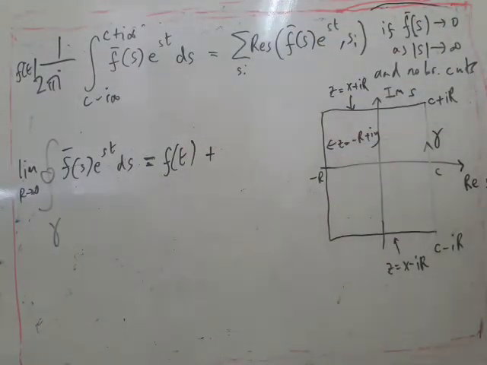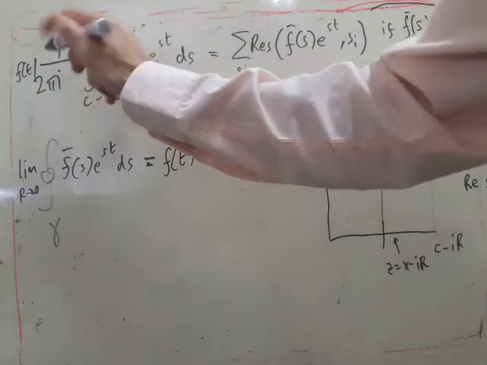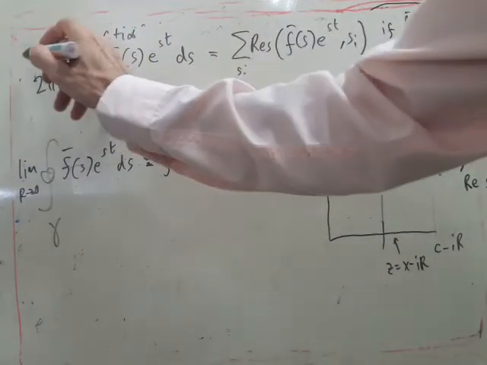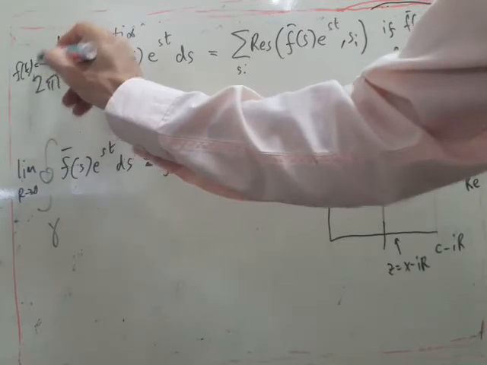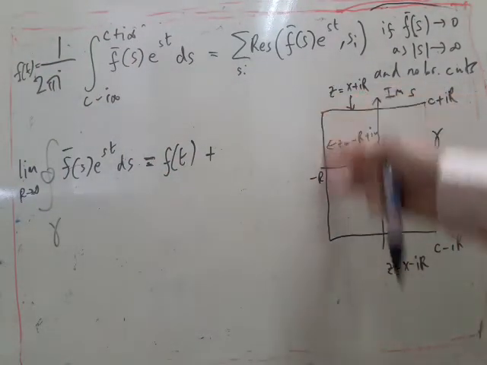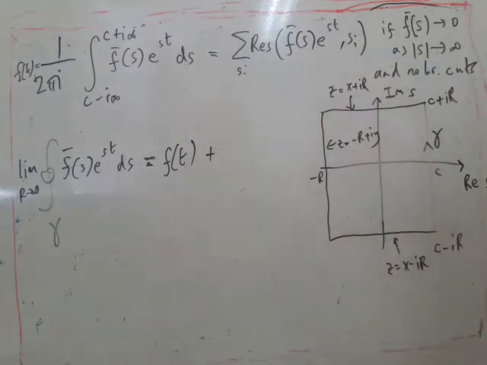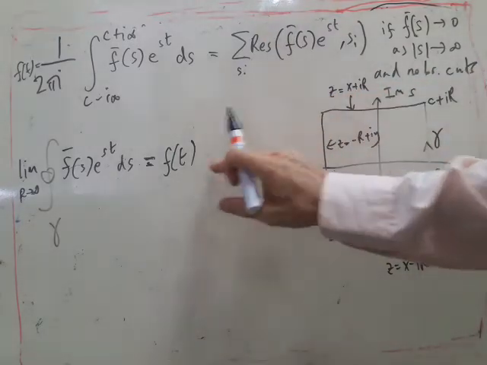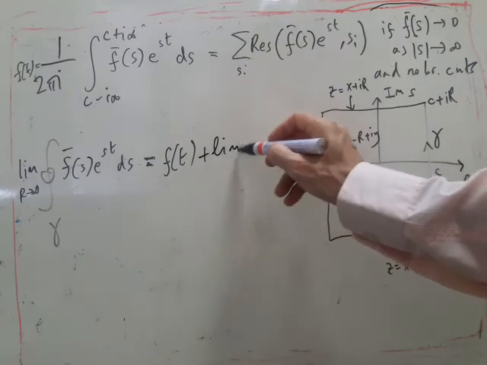So all we need to do is show that these three integrals here tend to 0. So let's write down what those integrals are.